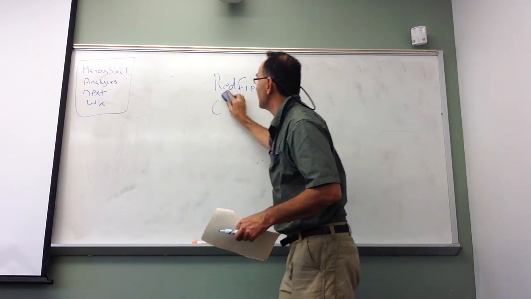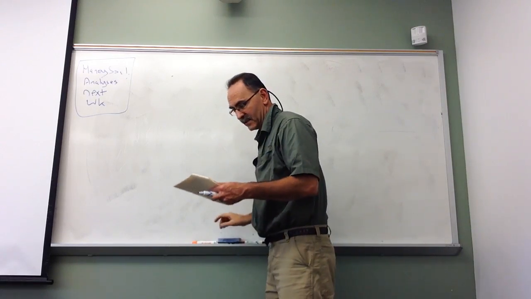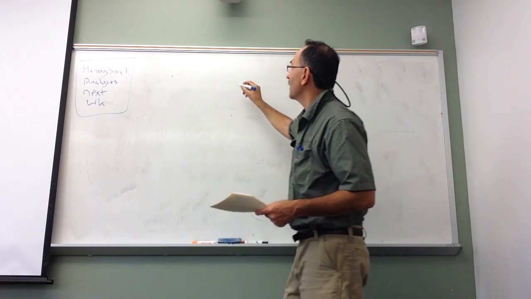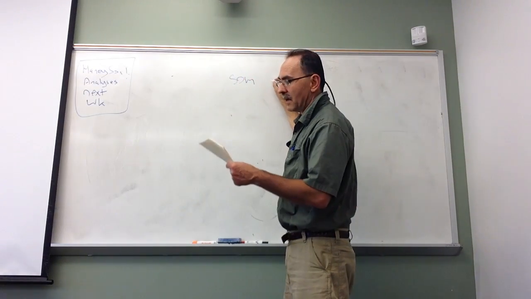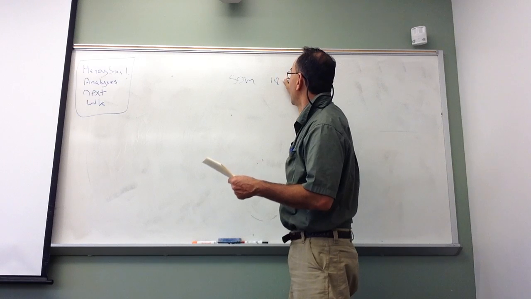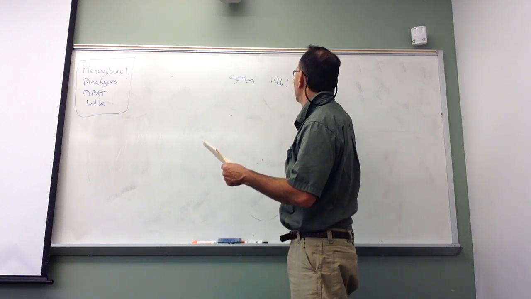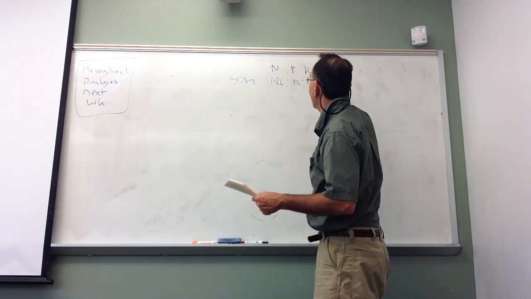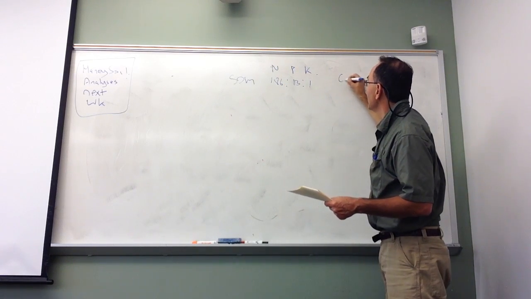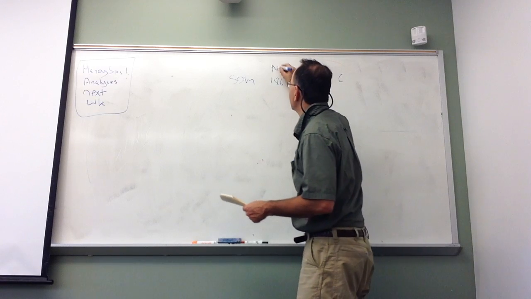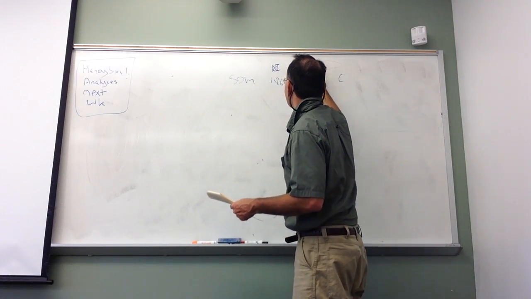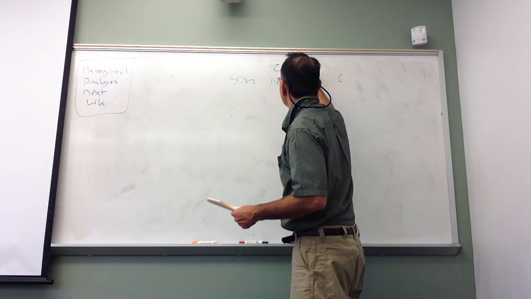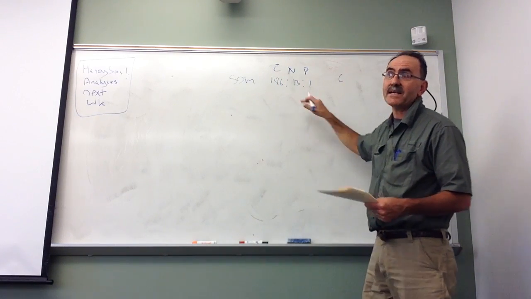Now, basically what we find in soils is that there are some similar relationships. Soil organic matter has somewhere around about 186 to 13 to 1 ratio of C, N, and P. This is by molecule, not by weight.